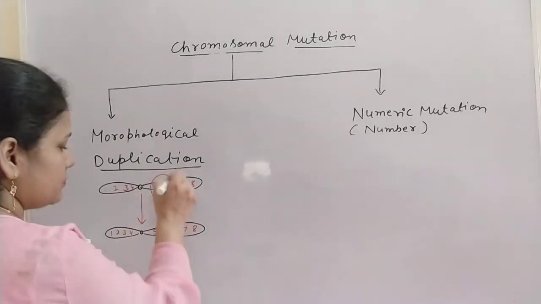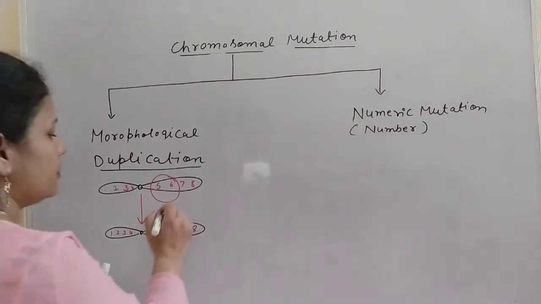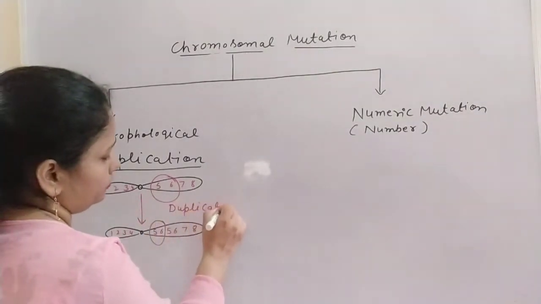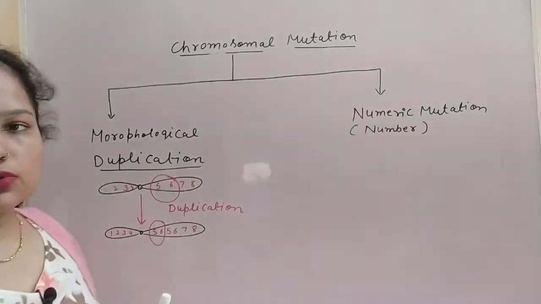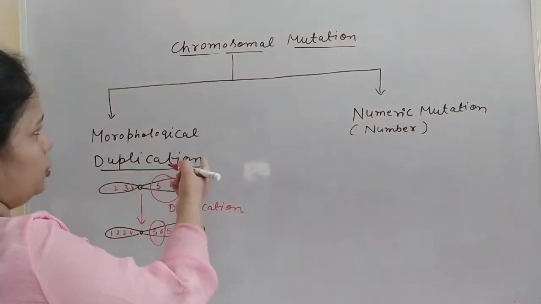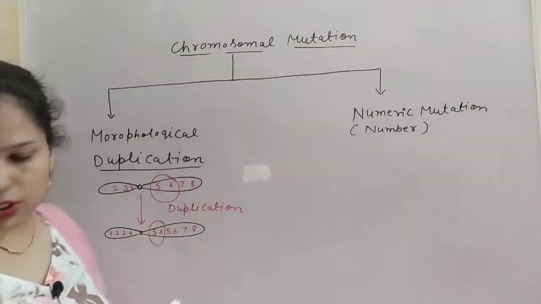Now this sequence 5 6 is repeated in this chromosome and it is known as duplication. So the second type of the morphological mutation in case of chromosome is the duplication.